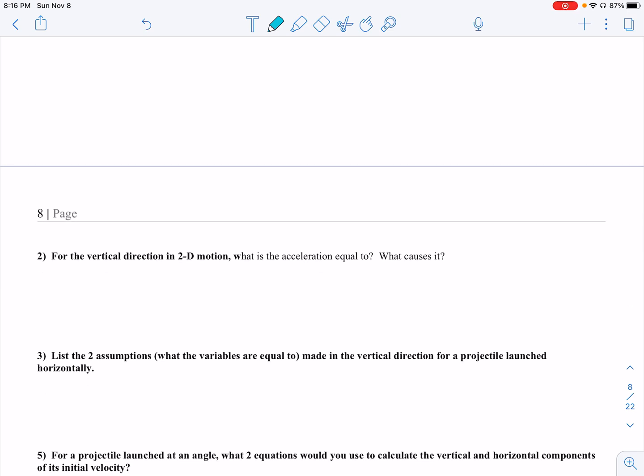What is the acceleration equal to for the vertical direction? Well, we know that. Vy, what is the acceleration equal to? Ay is equal to negative 10. What causes the acceleration? Well, Newton's second law, F net equals ma.